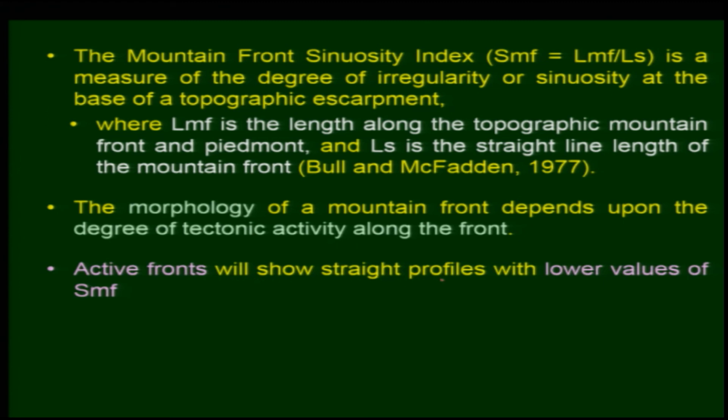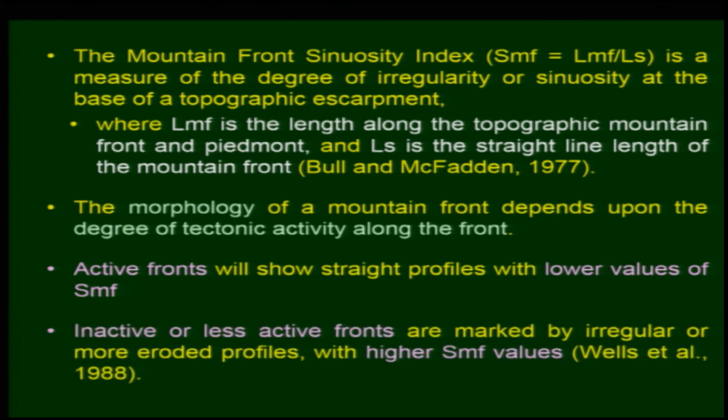Active fronts will show straight profiles with lower values of SMF, whereas it will be exactly opposite for inactive fronts. Active or less active fronts are marked by irregular and more eroded profiles. So, keep in mind that active fronts usually show values approaching 1 in the ratio between LMF and LS.